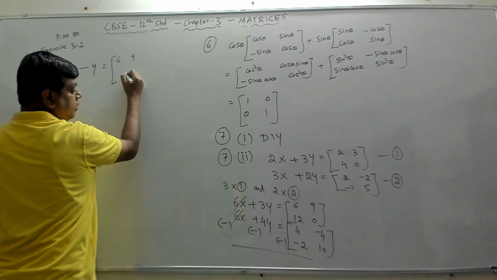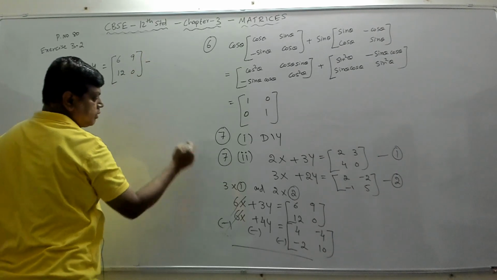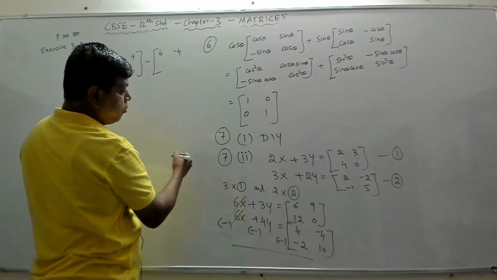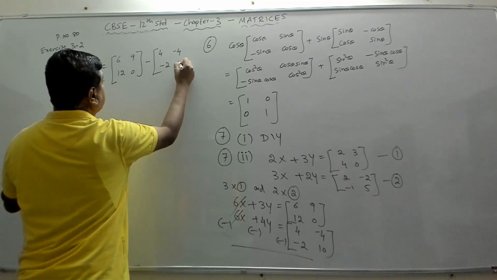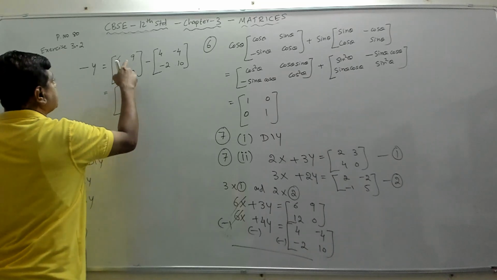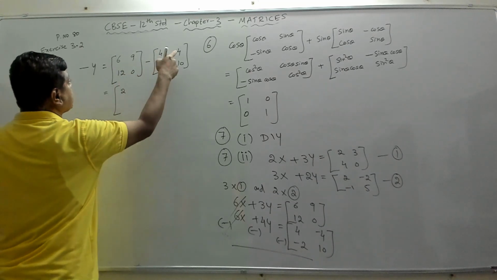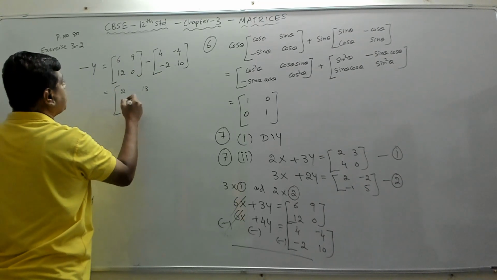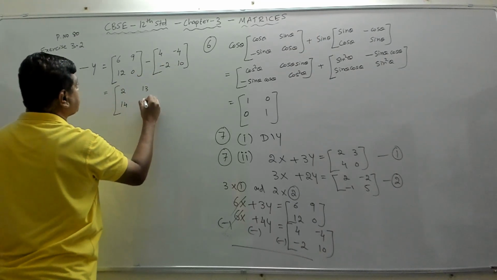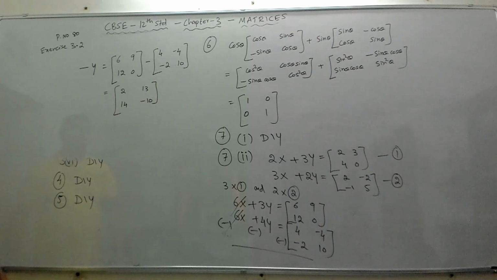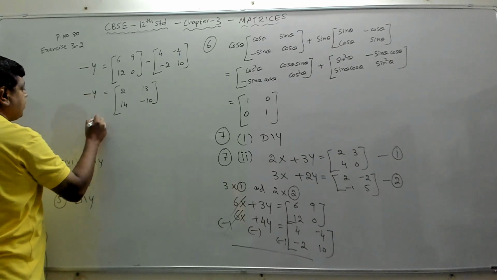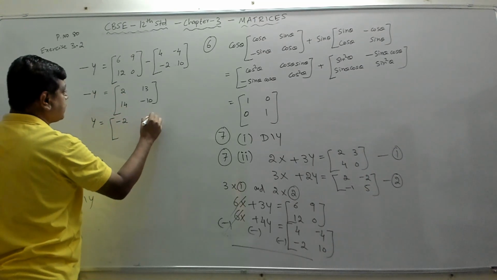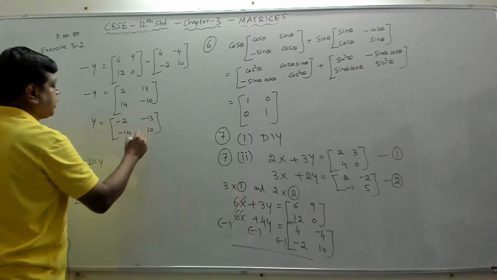So 6, 9, 12, 0 minus 4, -4, -2, 10. That will give you 6 minus 4 is 2, 9 minus of minus 4, 9 plus 4 is 13, then 12 minus of minus 2 is 14, then 0 minus of minus 10 is minus 10. Fine, that is your minus y. So your y will be, this minus will go here, which means you multiply each element with minus. You will get minus 2, minus 13, minus 14 and plus 10.